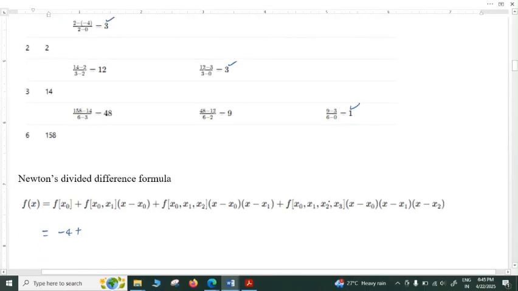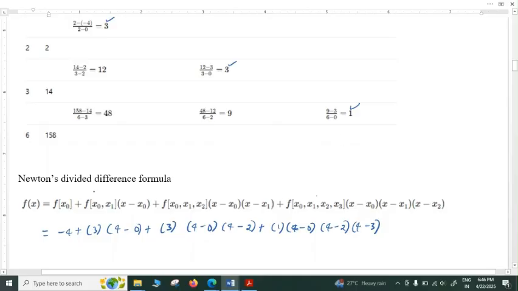Plus this value is 3, 4 minus x naught, which is 0, plus this is 3, again 4 minus 0, 4 minus 2, plus this is 1, substitute here, 4 minus 0, 4 minus 2, 4 minus 3. So here you can see the difference stops with the first divided difference. This is your first divided difference, this is your second divided difference, and this is your third divided difference. So there does not exist a fourth difference, and like this we'll substitute in the formula.